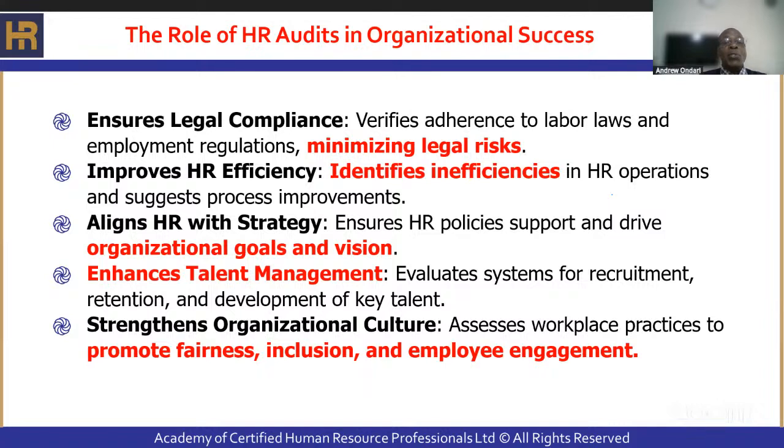Secondly is improving HR efficiency. That as HR manager, we have a responsibility of ensuring optimum utilization of employees. How do we ensure this? One, hiring the right people with the right skills and knowledge. Two, deploying them or allocating them the right jobs.